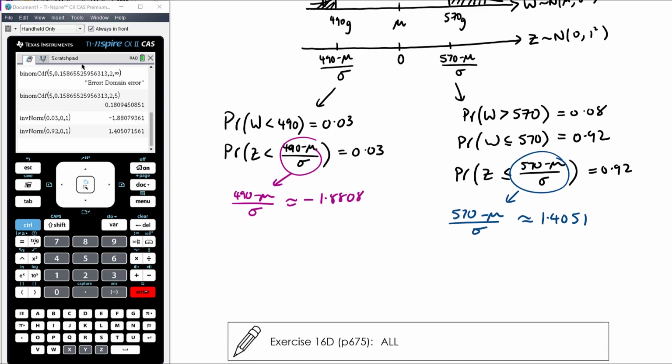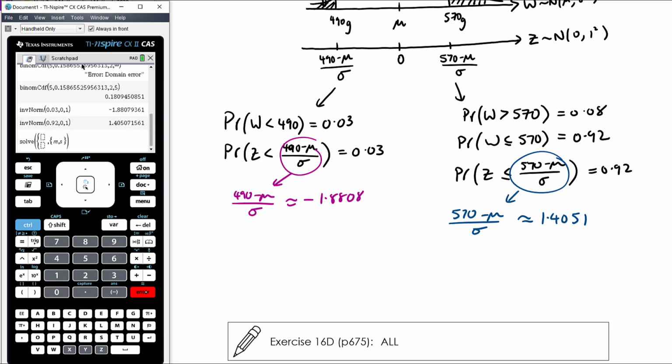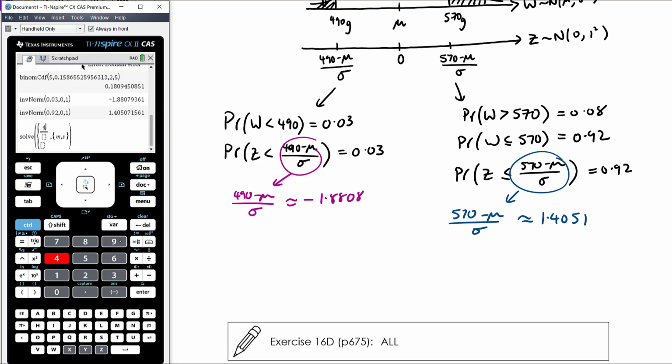And then we can solve those equations simultaneously. So if we solve menu 371, we're going to have two equations. The variables are going to be mean and standard deviation. My first equation is 490 minus the mean divided by the standard deviation, and we know that that has to be equal to this first value up here.